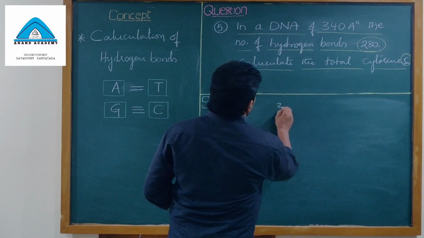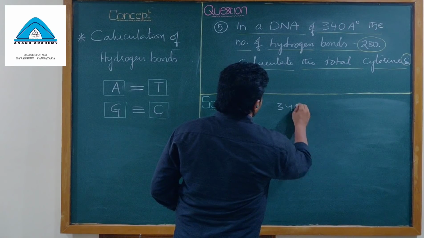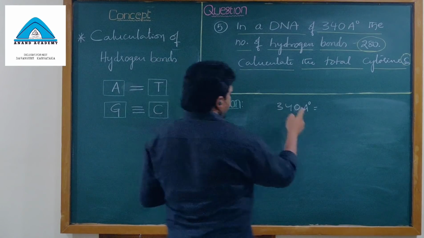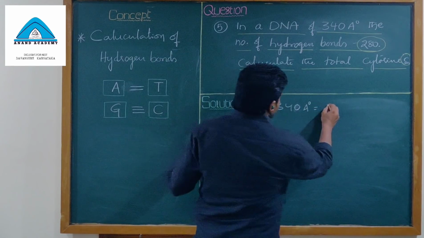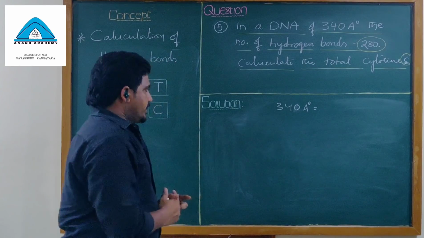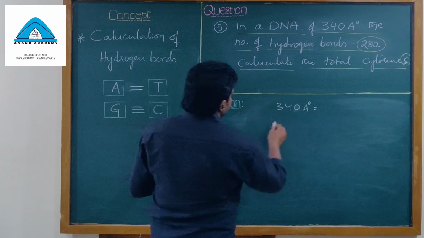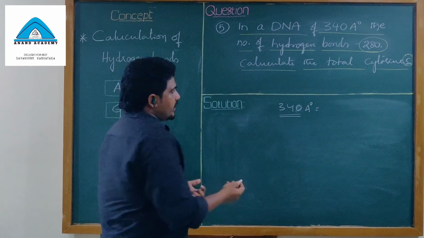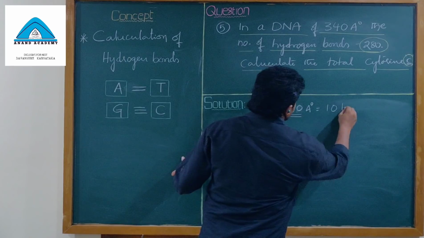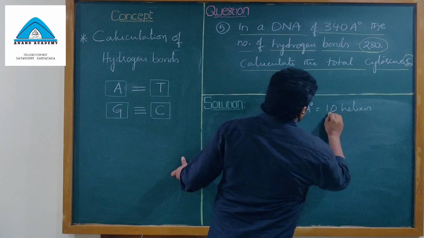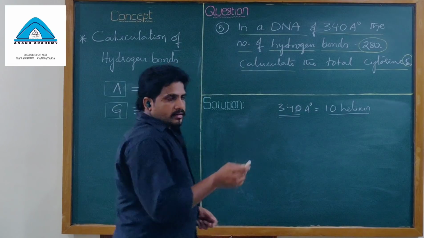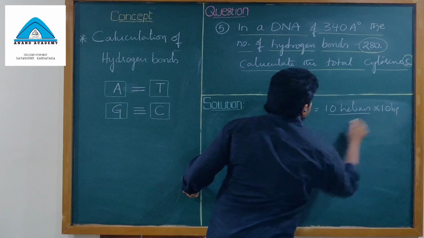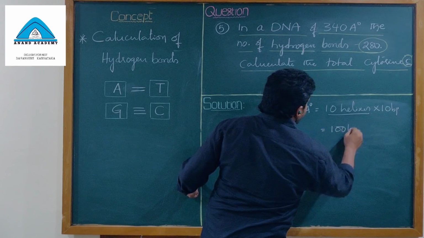340 angstroms has how many base pairs? 340 angstroms has how many helices? 10 helices are present, right? 10 helices has how many base pairs? 10 helices into 10 base pairs, that is equal to 100 base pairs.